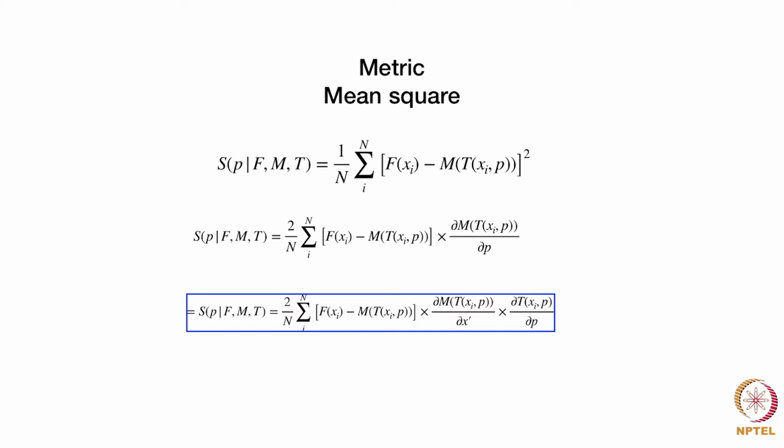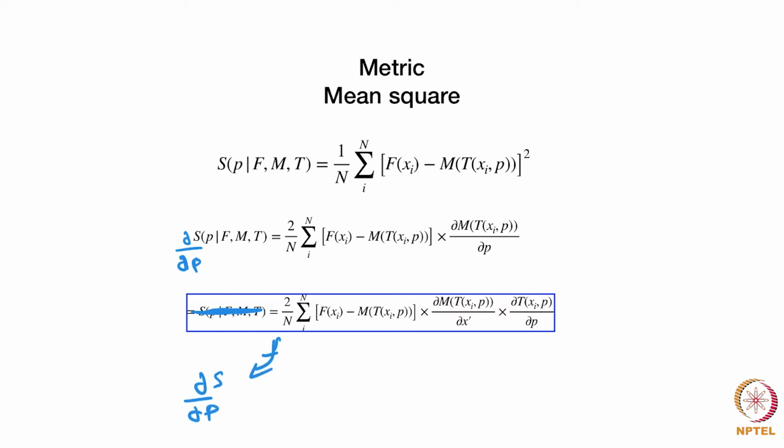It's actually delta S over delta P that is given by this formula. Sorry about the error. So this is your delta S over delta P, given by this expression.